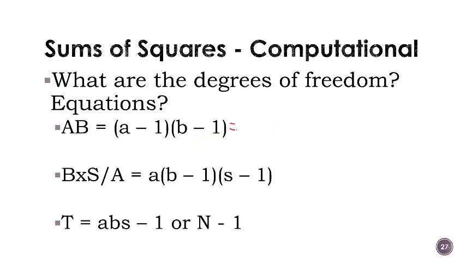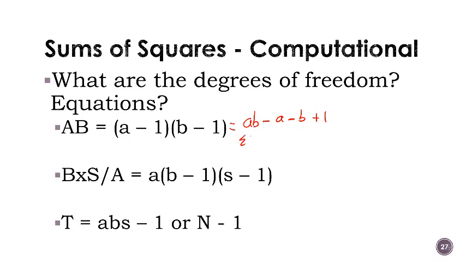Here we've got to multiply all out, so AB minus A minus B plus 1. So that becomes the sum of A_jB_k. Oops, I missed the sum.